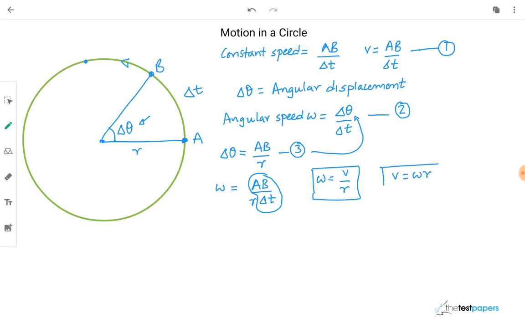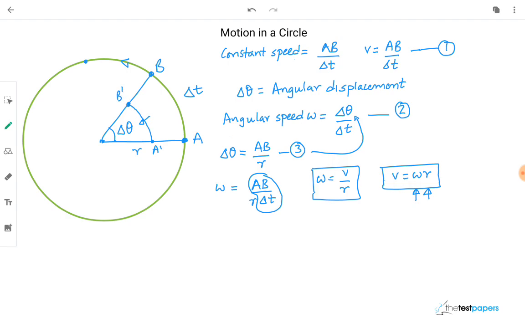So the linear speed of a particle moving in a circle is dependent on two factors. It's dependent on the angular speed, as well as it's dependent on the radius of the circular path. So if we had an object at a smaller radius here, it would cover lesser distance from, let us say, point A dash to B dash.